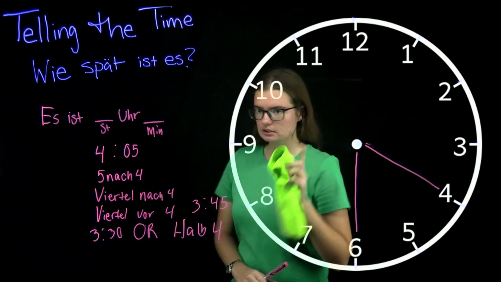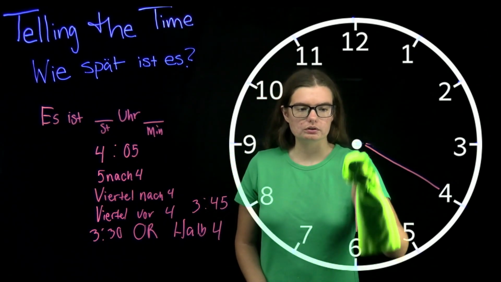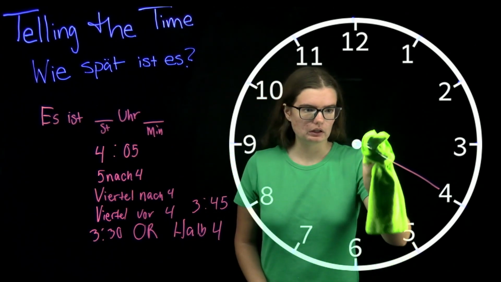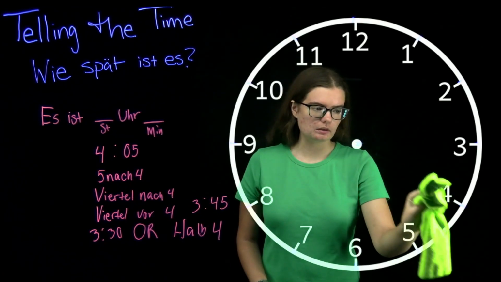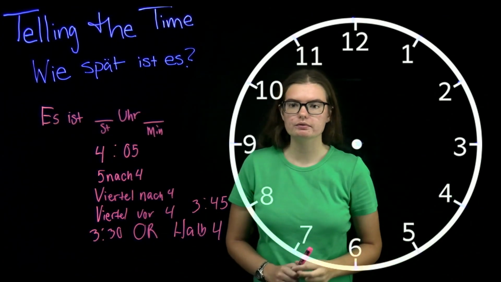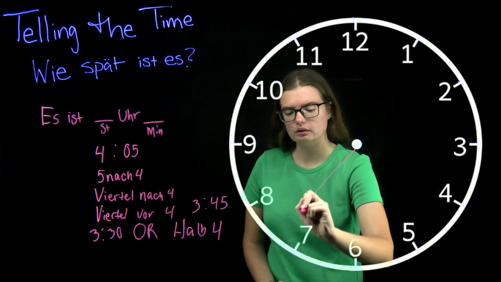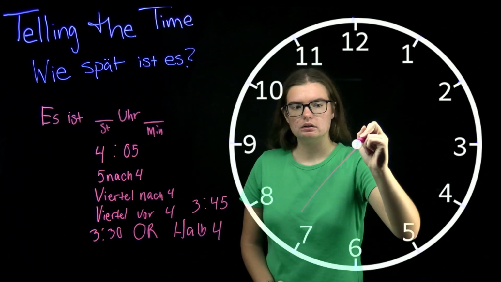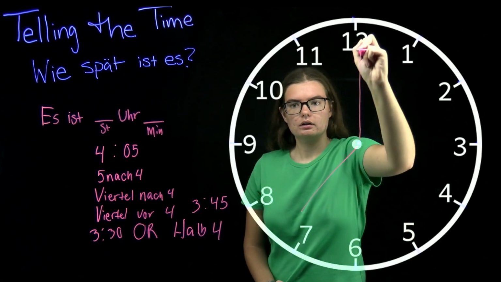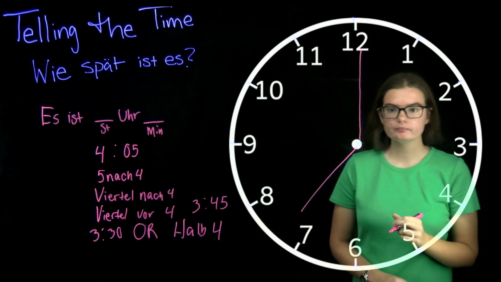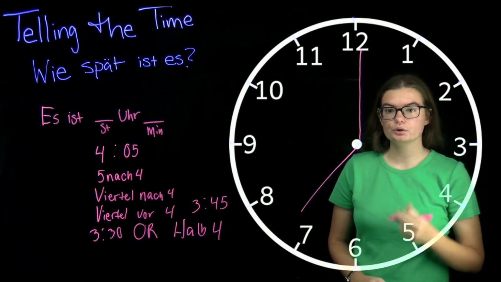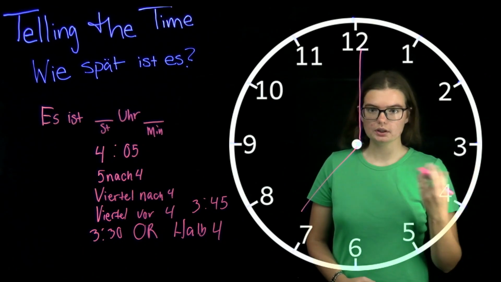And then the last thing to consider when you're telling the time in German is that people use 24-hour time a lot. So if the clock read like this, I would say "7 Uhr."